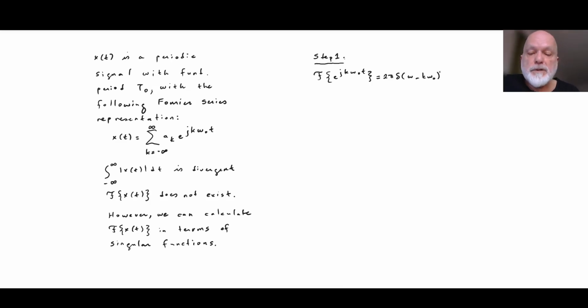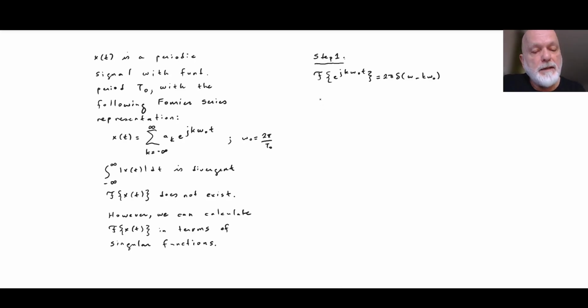Here omega 0 is of course related to the period T0 by this expression, omega 0 is 2 pi over T0, so T0 is the fundamental period and omega 0 is the fundamental frequency.